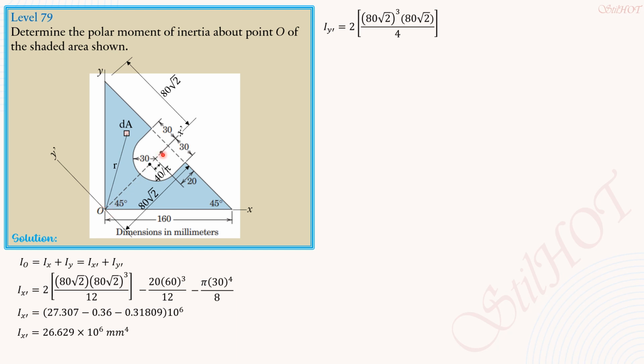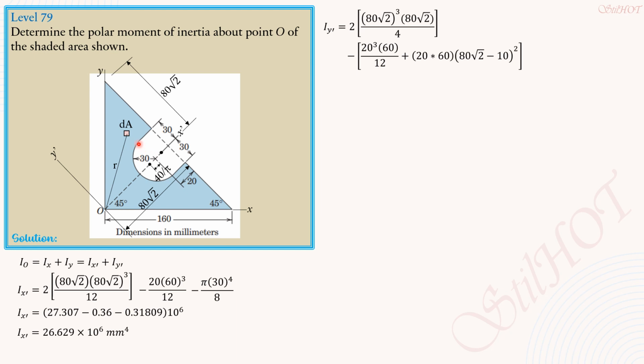The distance of that centroid from the y prime axis is quantity 80 square root of 2 minus 10, because this is half of 20, so minus 10. So minus 20 cube times 60 over 12 plus area 20 times 60 times quantity 80 square root of 2 minus 10 square. So again, minus 10 because that's 10, half of 20.